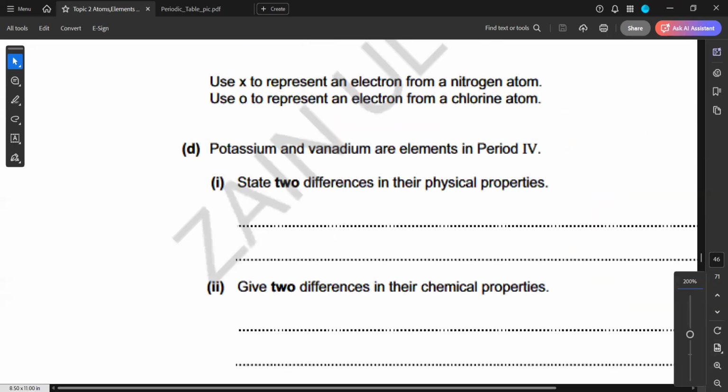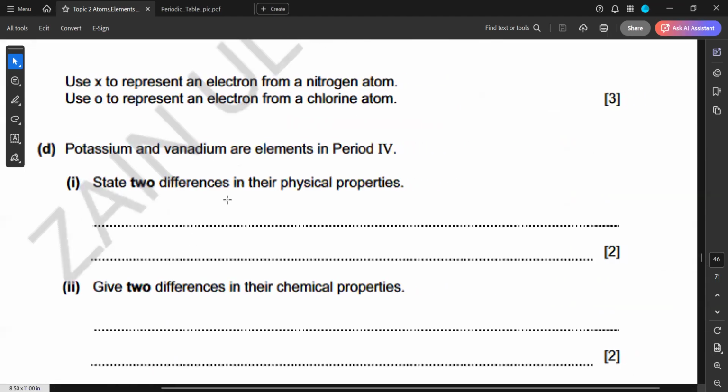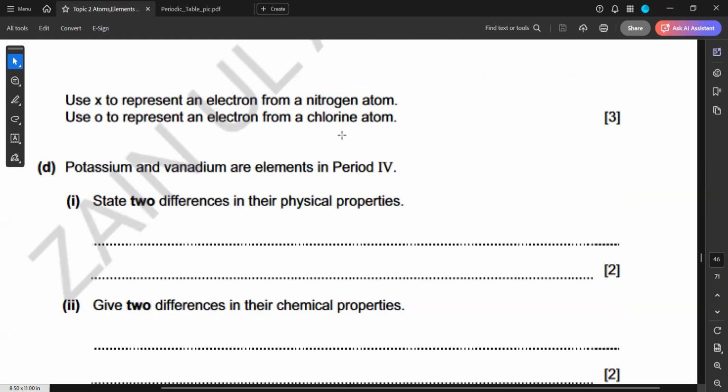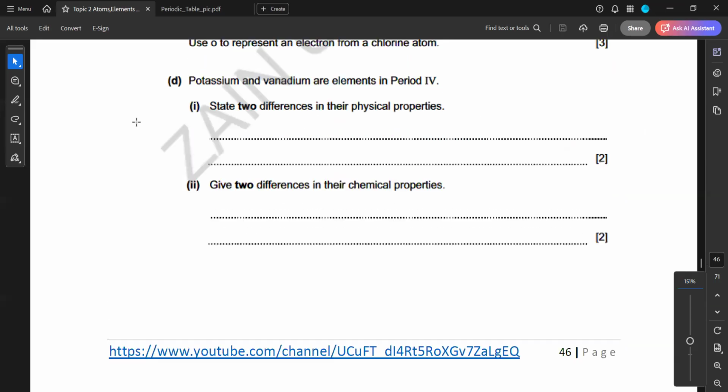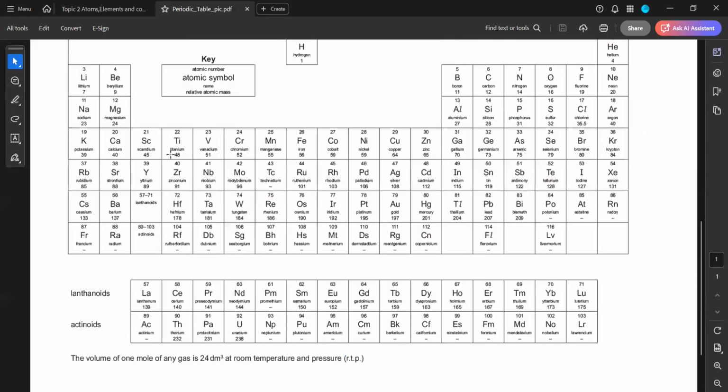The next part: the potassium and vanadium are elements in period 4. State 2 differences in their physical properties. This is related to the metals part, like the chapter on metals, in which we discuss comparing group 1 and the transition elements. You will see the periodic table.